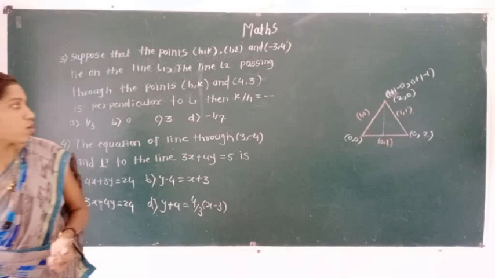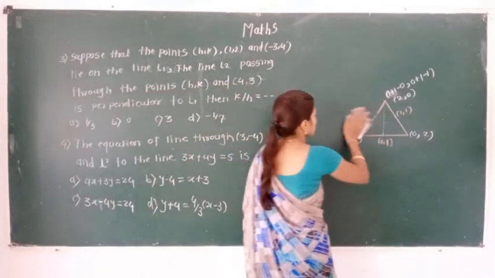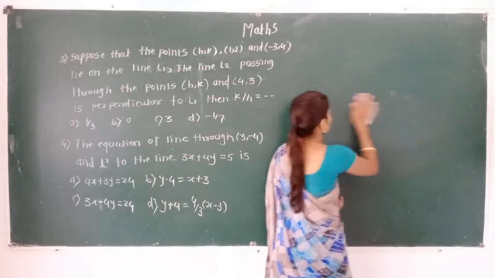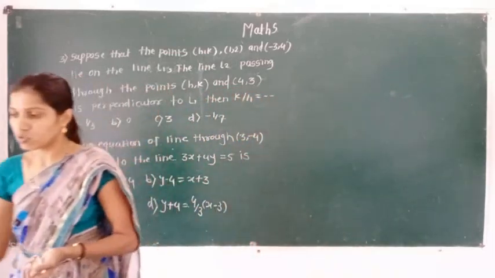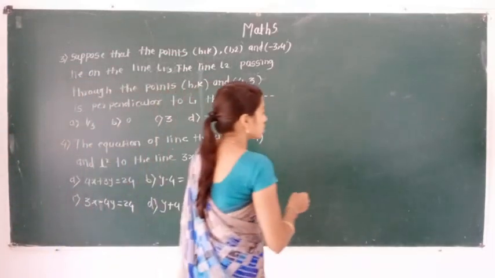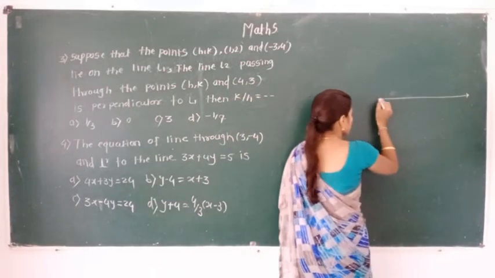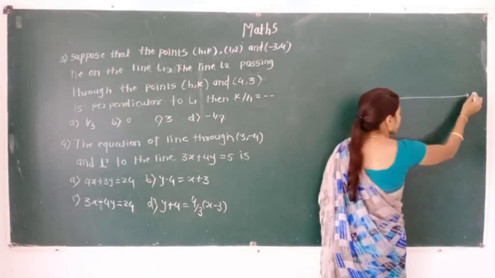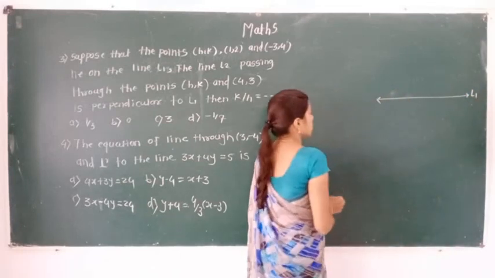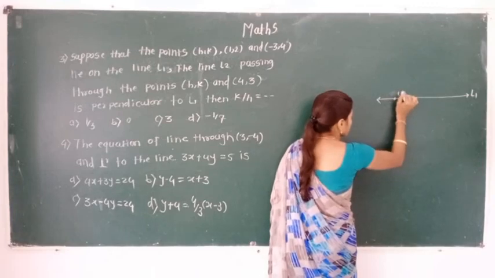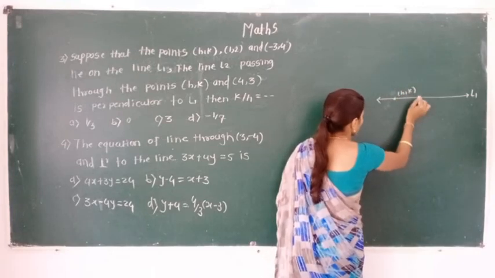So for finding k by h, first of all we have to construct the figure. So we have to draw the 3 points lying on the line L1. See, this is the line L1, and this line passes through the point (h, k). Okay, first one.